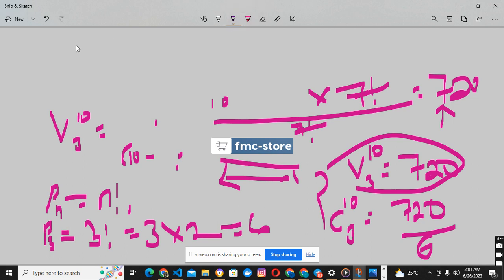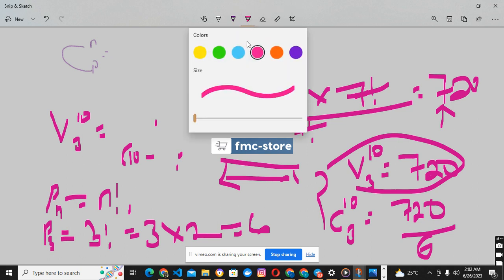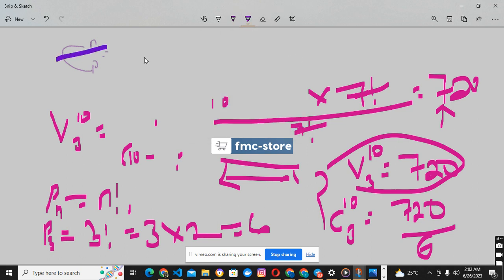What I'm saying is the number of combinations equals the number of variations divided by permutations. This is what I'm trying to say.